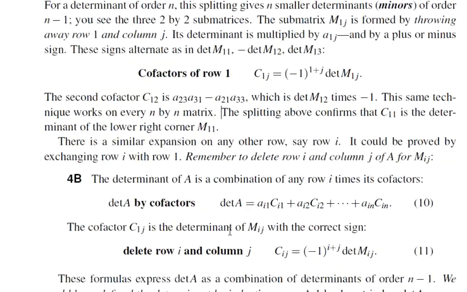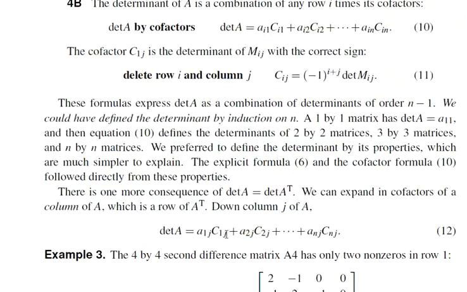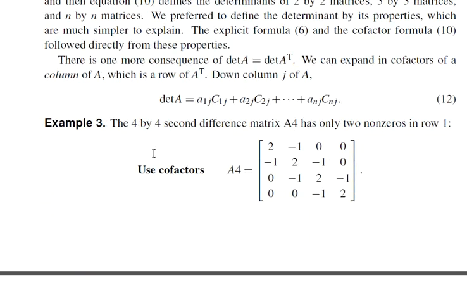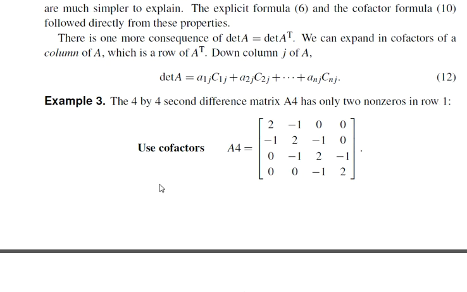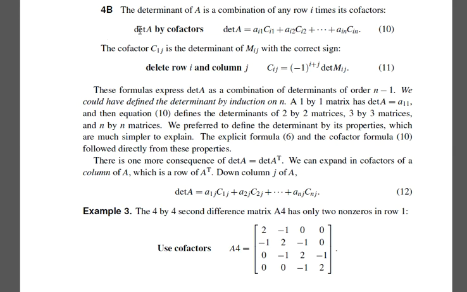As cofactors are known, let's go with the problems on those. A 4 by 4 second difference matrix A4 has only two non-zeros in row 1. Use cofactors. The determinant of A by cofactors is: suppose Ai1 with Ci1, like Ai2 with Ci2.